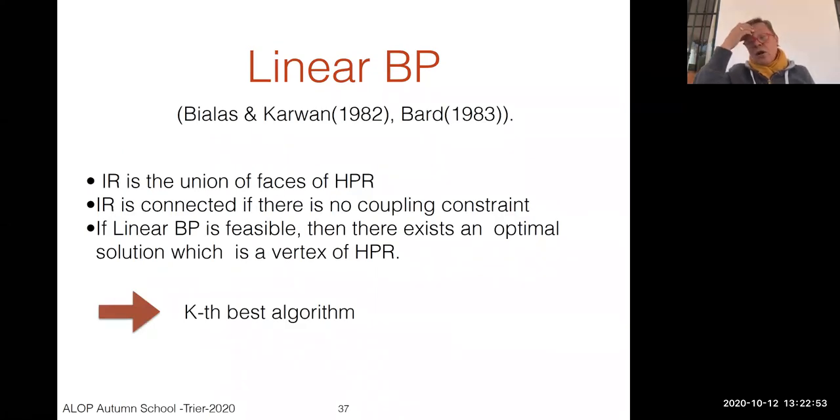Okay, so now we know that somehow this is a difficult class of problems. So far, I haven't said anything on how to solve those problems. And the first thing that is important to solve those problems is to understand a bit more about the structure of the optimal solution, to get some properties.